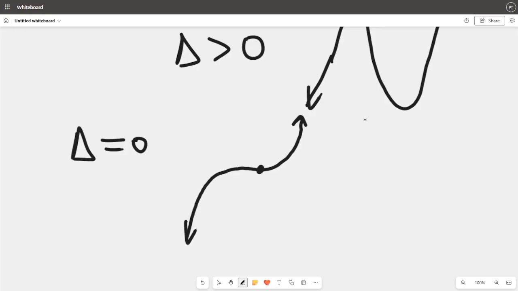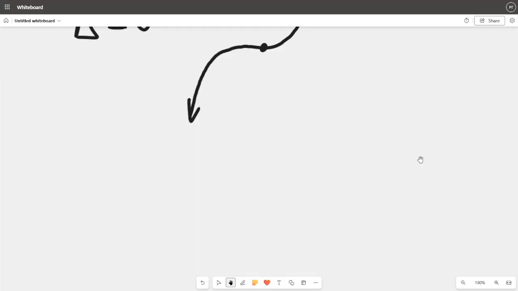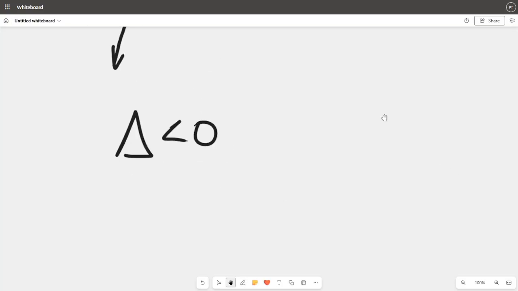Another thing that's very interesting is when the discriminant is less than 0. When it's less than 0, that means the cubic function will forever be increasing.